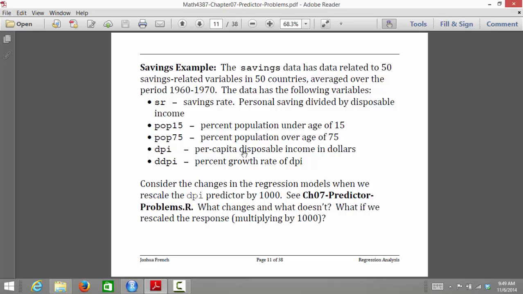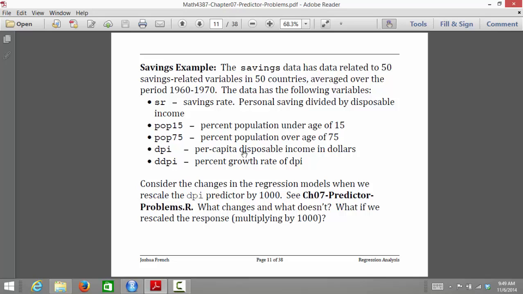We're trying to look at savings rates in relation to certain predictors like POP15, POP75, DPI. POP15 is the percentage of the population under age 15. POP75 is the percentage over the age of 75. DPI is disposable income, and DDPI is the percent growth rate of DPI. In other words, whether the economy is growing or shrinking, or how much it's growing, I should say.